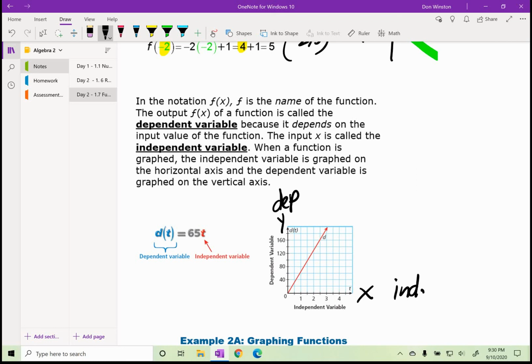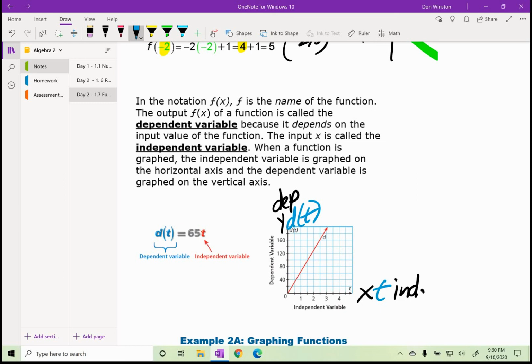So rather than using y, we'll just use d of t. So d of t is my dependent variable. And then rather than using x, we could just use t. So that would be the preferred way.